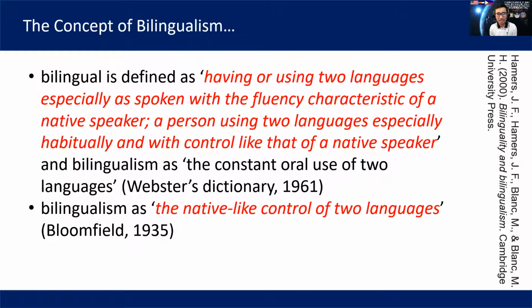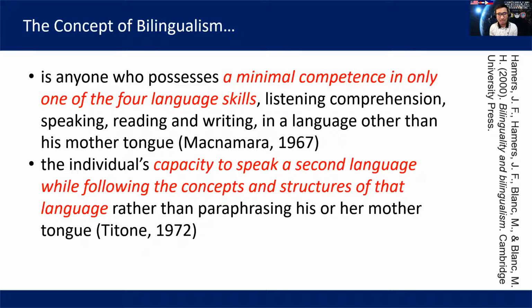However, according to Bloomfield in 1935, bilingualism is defined as the native-like control of two languages. So it's almost similar to the definition of Webster's dictionary in 1961, that a bilingual is a person having proficiency in two languages. In McNamara 1962, a bilingual is defined as anyone who possesses a minimal competence in only one of the four language skills, say listening comprehension, speaking, reading, and writing, in a language other than his mother tongue.